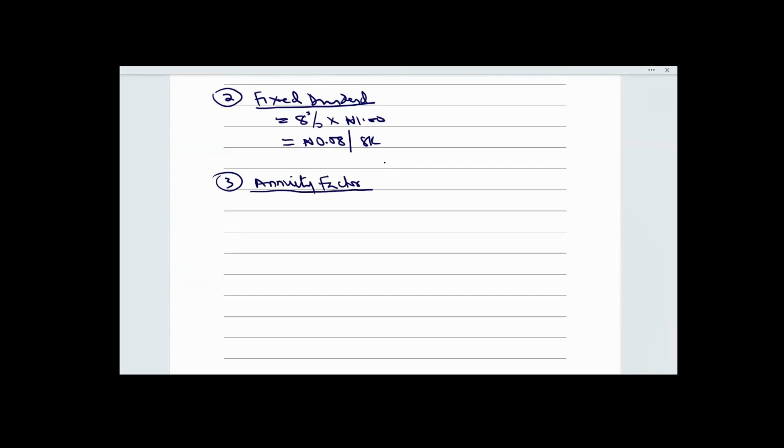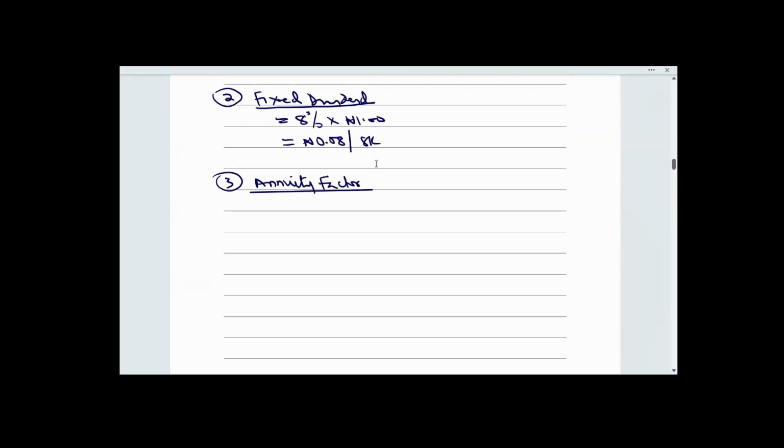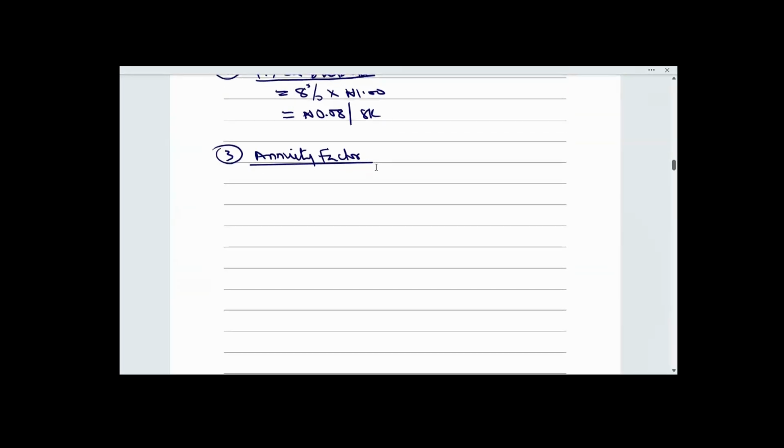For those of you that have the golden book, when you look at this particular question, I use absolute value, not par value. So this is another way of solving it. All right, so annuity factor AF is calculated as 1 minus (1 plus R) raised to power minus N, all divided by R. We are assuming 10%.